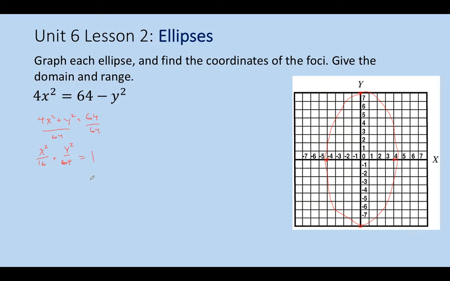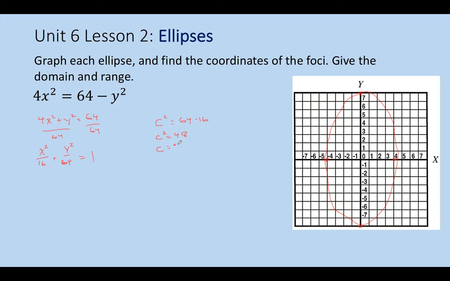All right, find the coordinates of the foci. Well, again, we're going to say that c squared is going to be a squared minus b squared. Well, now, obviously, if I take 16 minus 64, I'm going to wind up with a negative number. I can't take the square root of that. So I'm going to make sure that I have the bigger minus the smaller. 64 minus 16 is 48. So c squared equals 48.